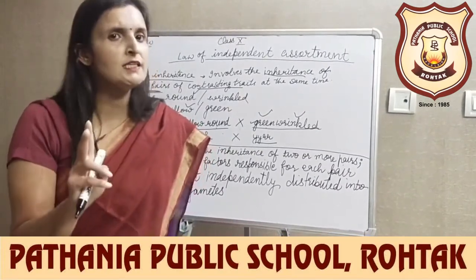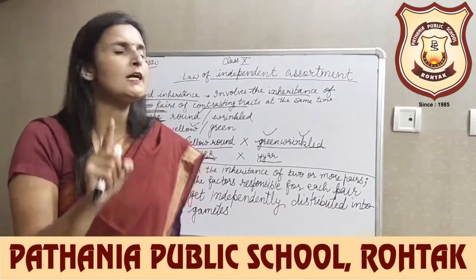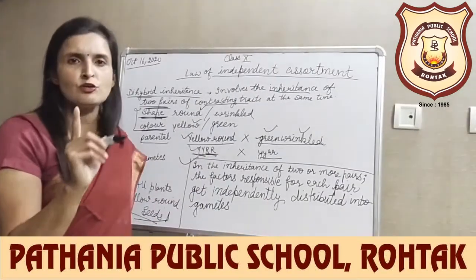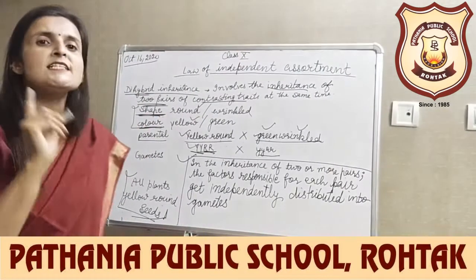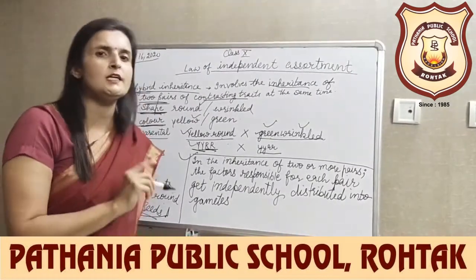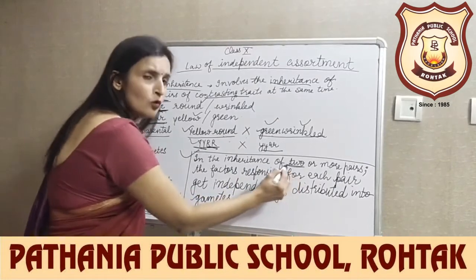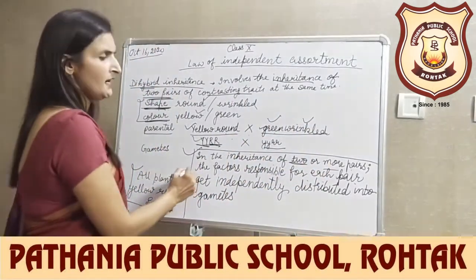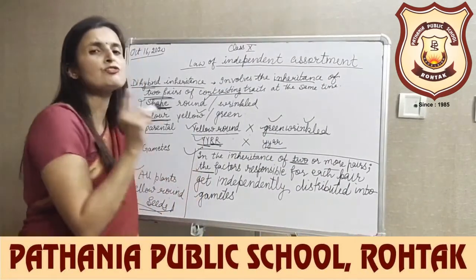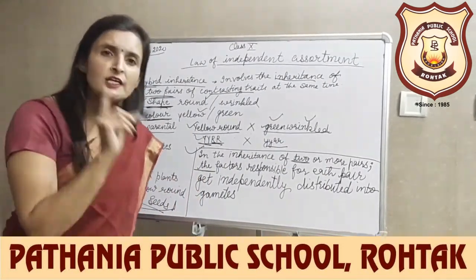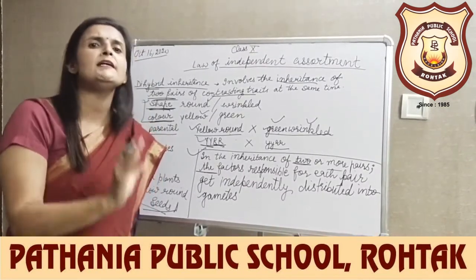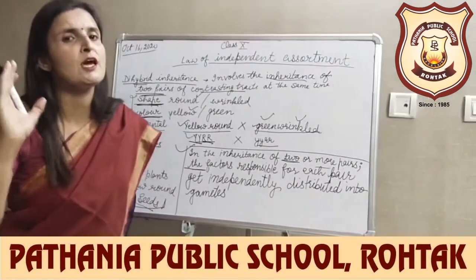Let us study them, but before that, what is the law of independent assortment? It states that in the inheritance of two or more pairs of contrasting characters, the factors responsible for each character are independently distributed into the gametes.